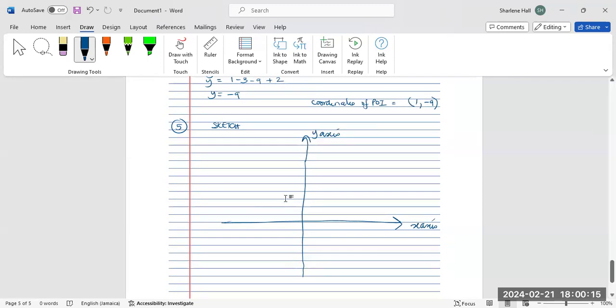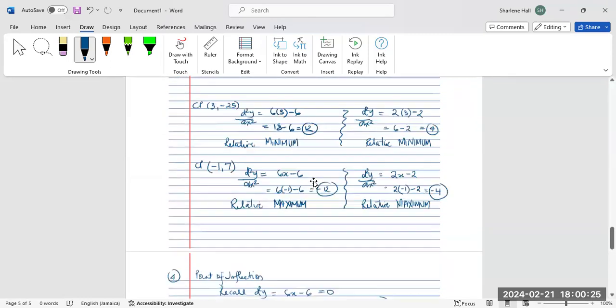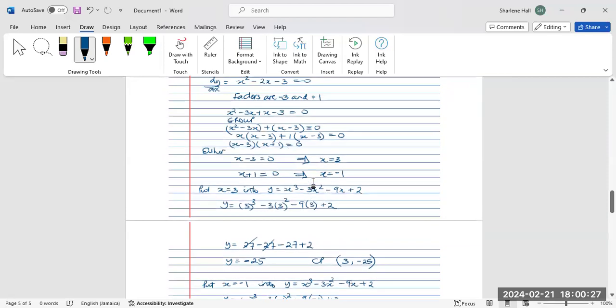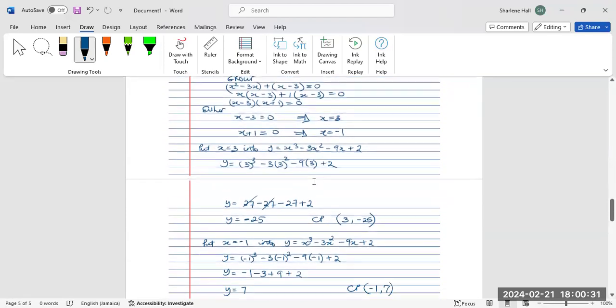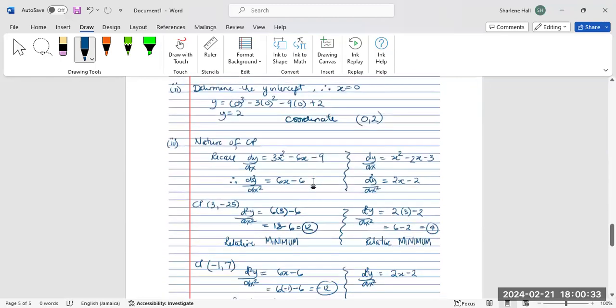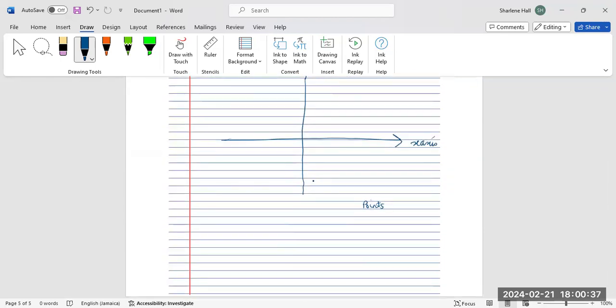All right, so the points I'm interested in, starting from the top of the question, are my critical points: 3, negative 25 and negative 1, 7.